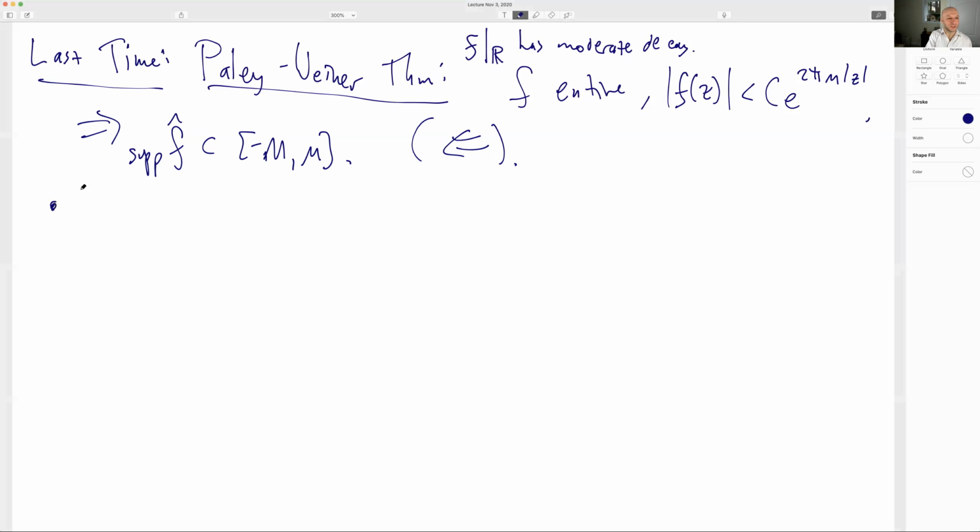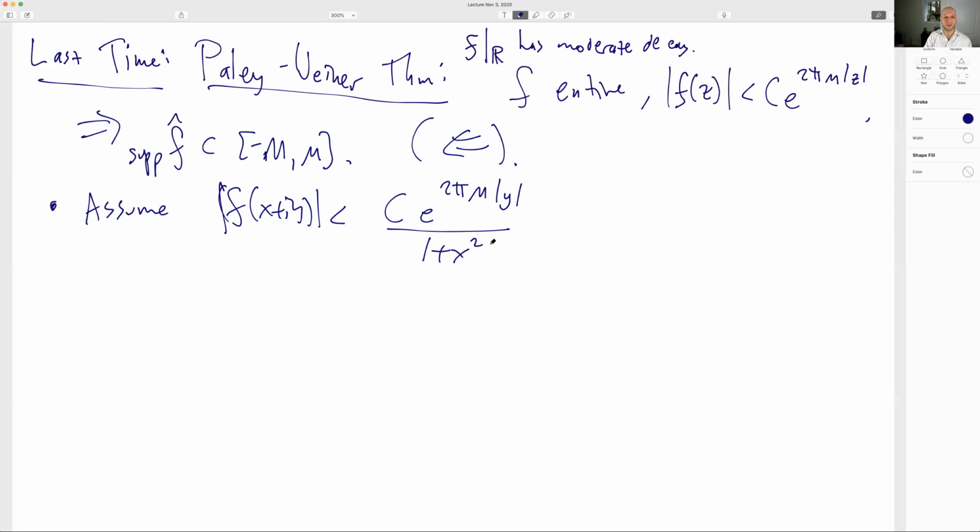So we did this in 3 stages. Stage 1 was to assume more about the function, assume that f of x plus iy in absolute value is bounded by a constant times e to the 2 pi, not z, but y. That we want y growth and moderate decay in x for all x.